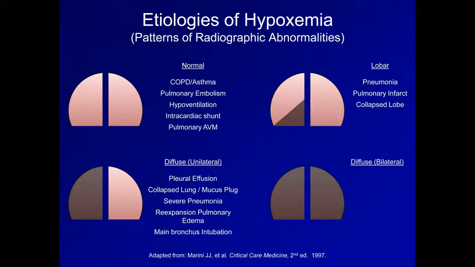Finally, with diffuse bilateral abnormalities, one should consider pulmonary edema, ARDS or acute lung injury, interstitial lung disease, or atypical infections such as viral and fungal pneumonias.